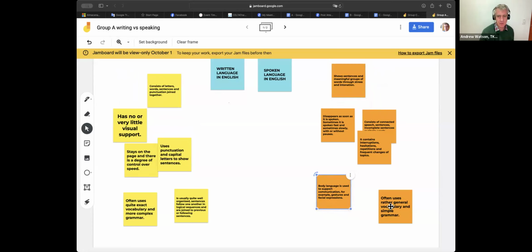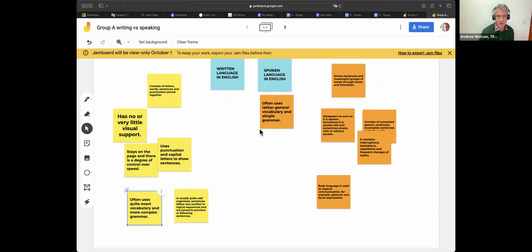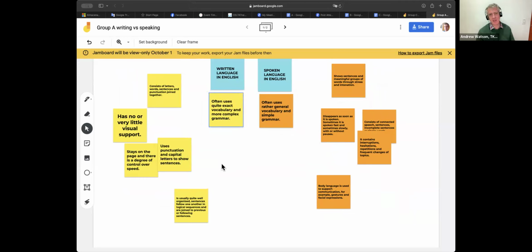So we've got to match the equivalent from each side. So often uses rather general vocabulary and simple grammar is spoken, whereas written often uses quite exact vocabulary and more complex grammar. Okay, so that's your task.